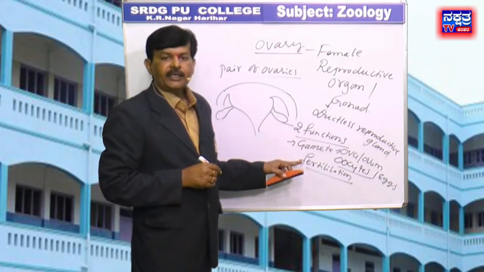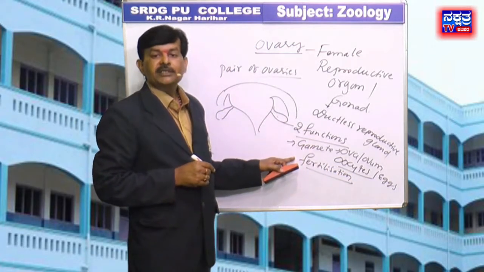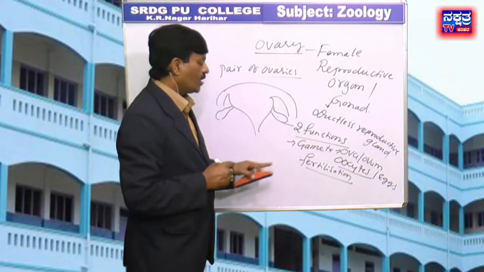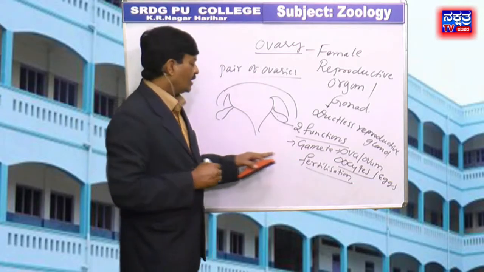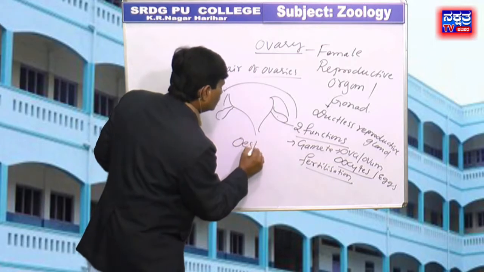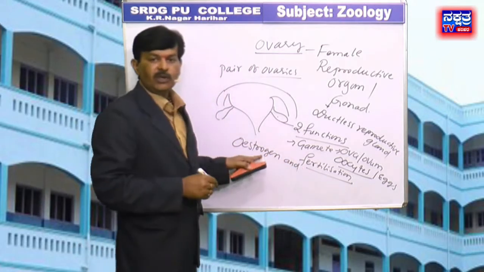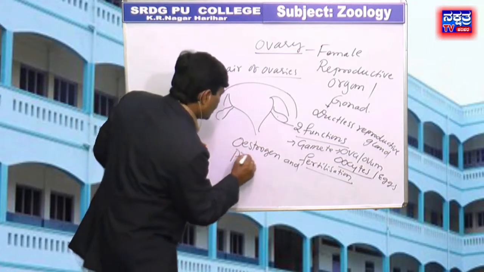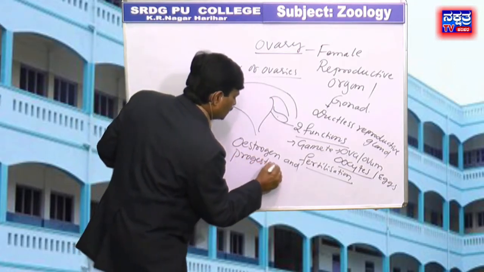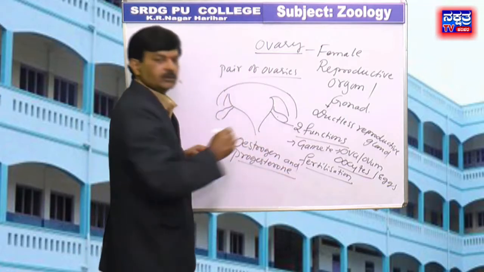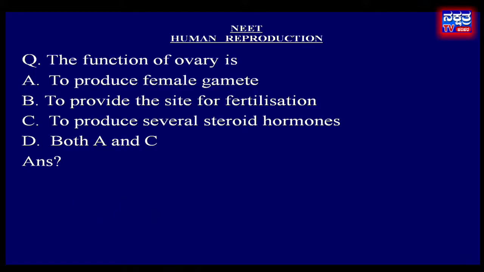Another function is they produce the reproductive steroid hormones. They are called the estrogen, and one more hormone is called the progesterone. Therefore, in the given options, option D, that is both A and C, is the right answer.